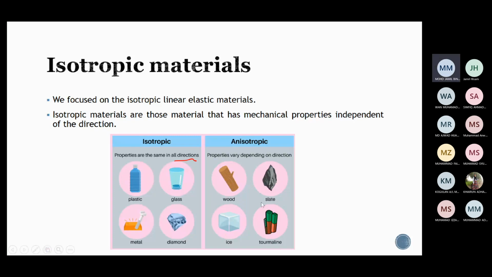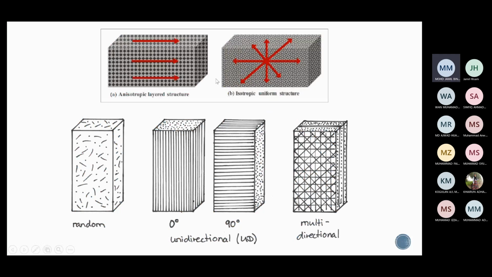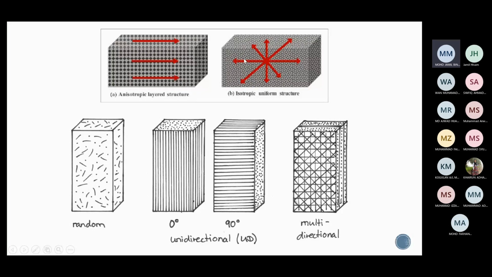So some other materials that we call anisotropic, or not isotropic, are slate, ice, and tourmaline. This is another example to show what is the difference between anisotropic and isotropic material. For isotropic material, the material behavior is the same throughout the material, but for anisotropic, it will follow a certain direction.